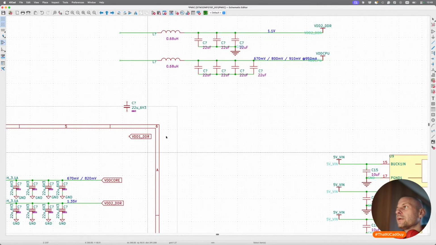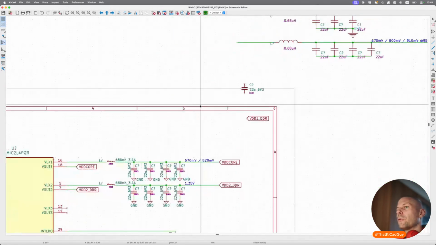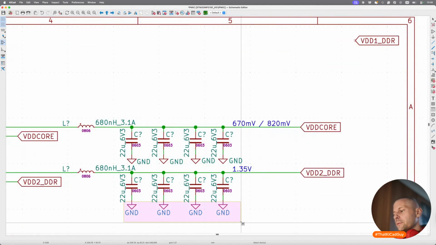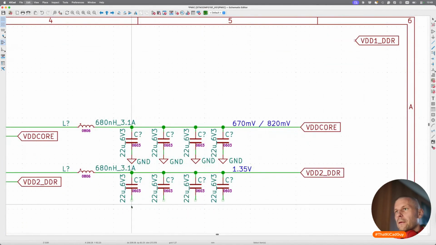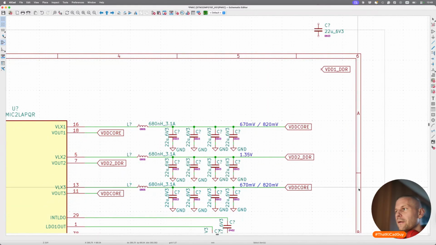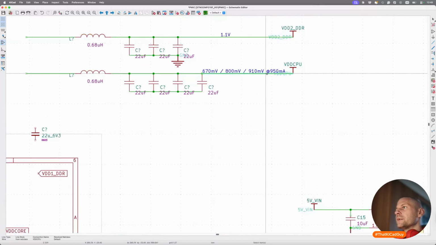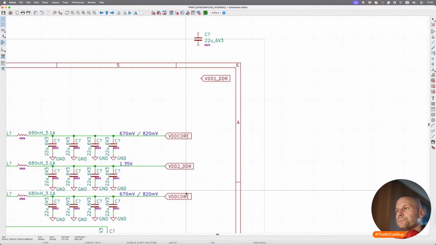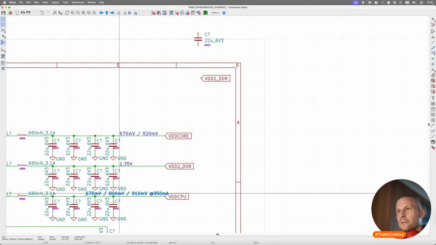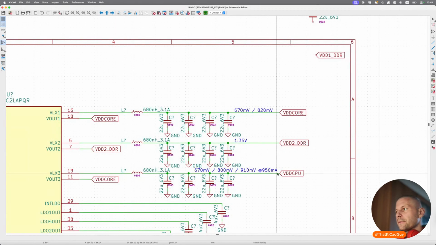This one, and the third one is VDD CPU with 4 caps. Yeah, these grounds must be a little bit more space saving. And they say this is the description and VDD CPU, with a long text on it, like this.